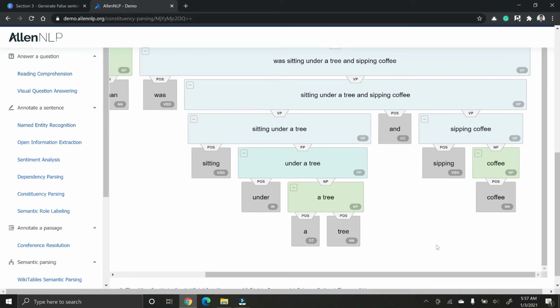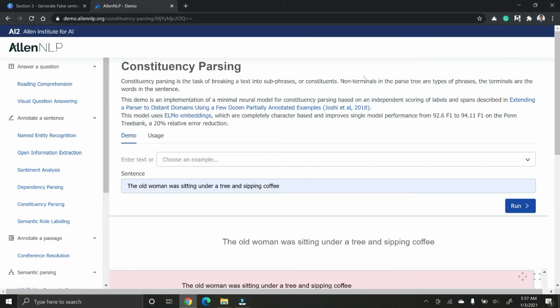As discussed previously, the terminals are the words, and anything in the middle will be its constituents like noun phrases or verb phrases, etc.